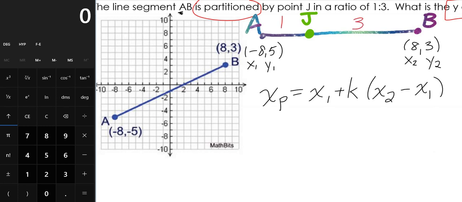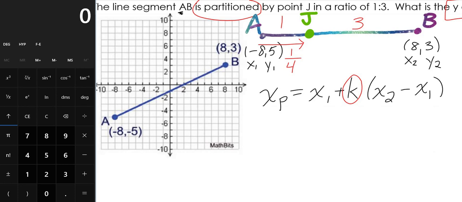Now, you care about this thing called K, which is a fraction. A fraction that tells you how far AJ is compared to the entire line segment from A to B. So when you go from A to J, you've covered one piece out of a total of 4 pieces, because you're going to add 1 and 3 together. So a total of 4. So 1/4 is going to be your K value.